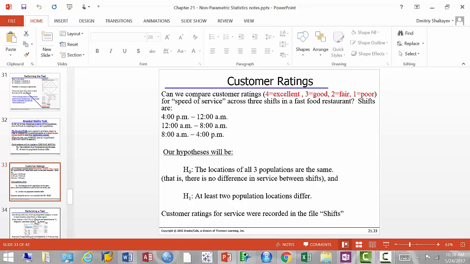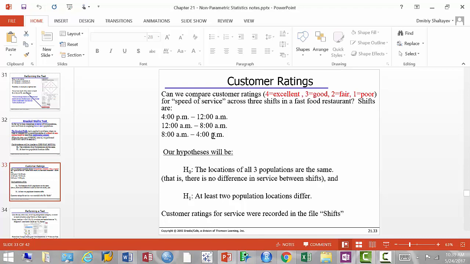That means I'm managing three shifts every day: a 4 p.m. till midnight shift, a midnight till 8 in the morning shift, and an 8 in the morning till 4 in the afternoon shift. What I want as a manager is probably consistent customer service. Doesn't matter what time of the day, customers should receive the same service, the same response from my employees.